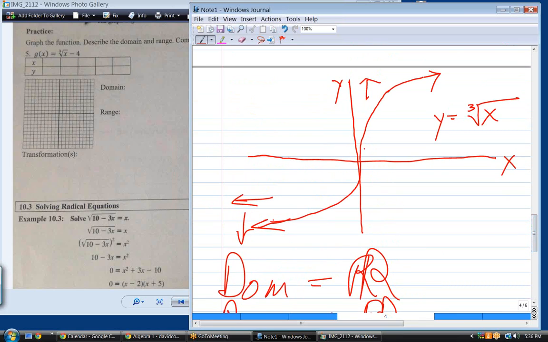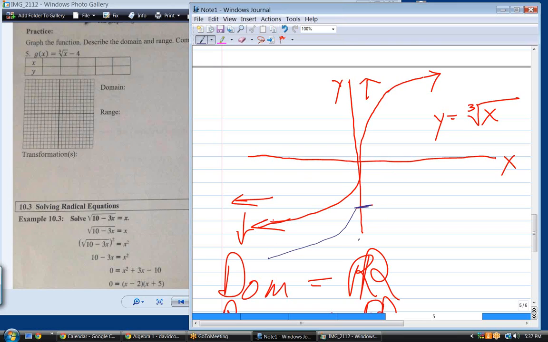So I'm going to take this exact curve and just move it down to here and draw it, and it'll look something like that. Okay? So what would the domain and range be of my shift? I'm going to draw the shifted curve in blue. It's going to go through this point right there.